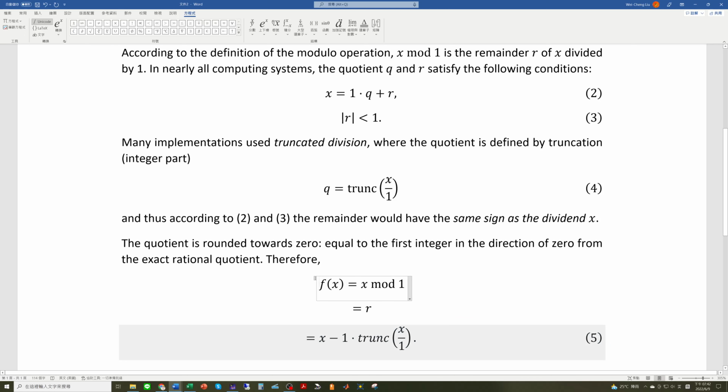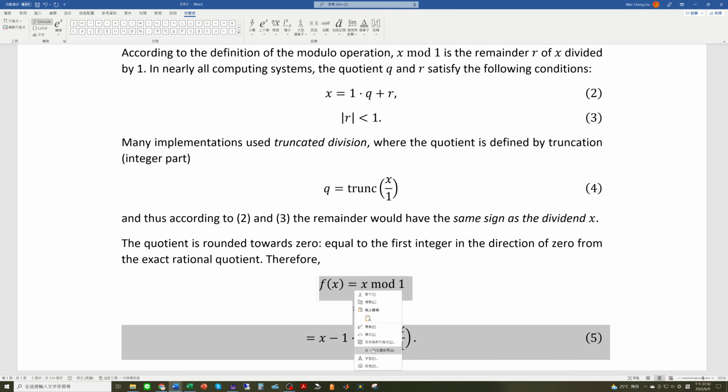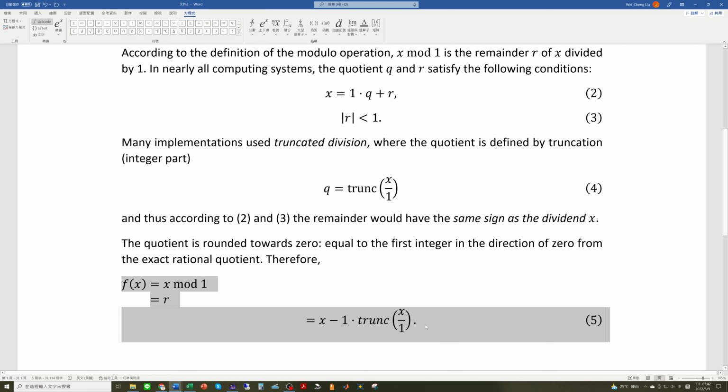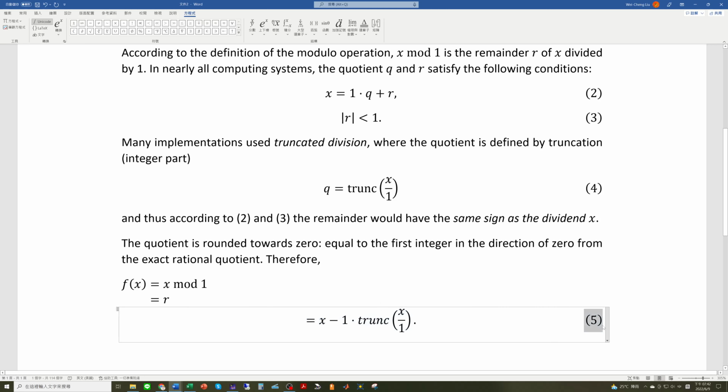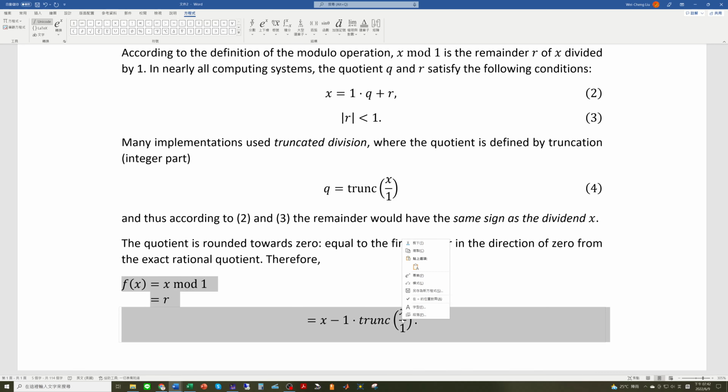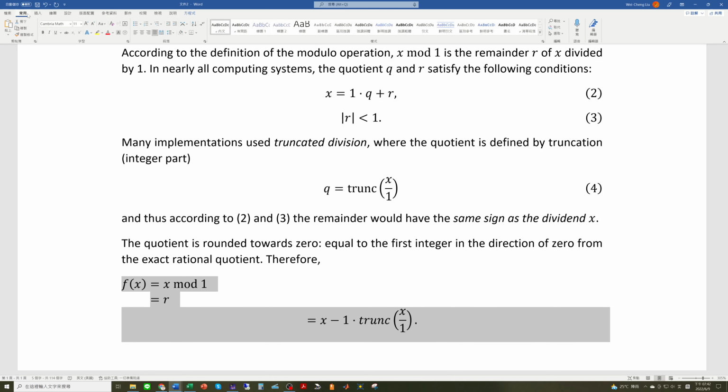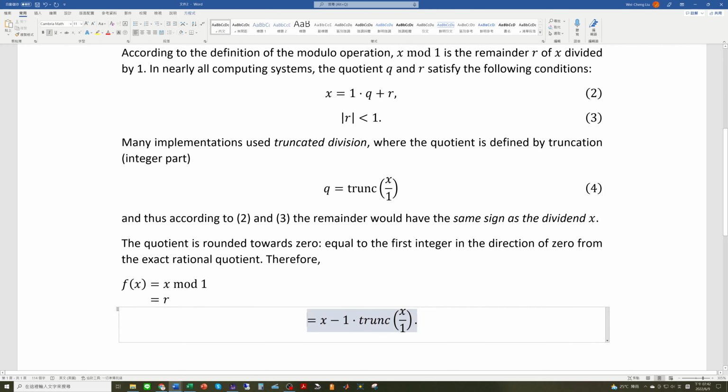Let me align at the equality sign. I can't align. What's the problem? So it is non-italic.